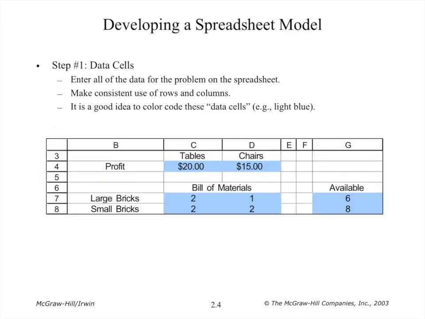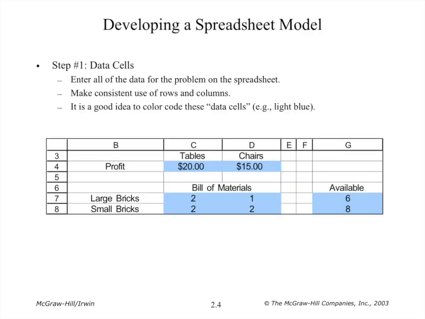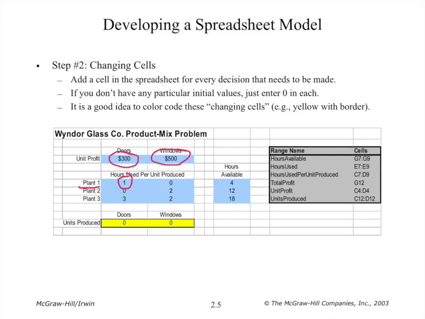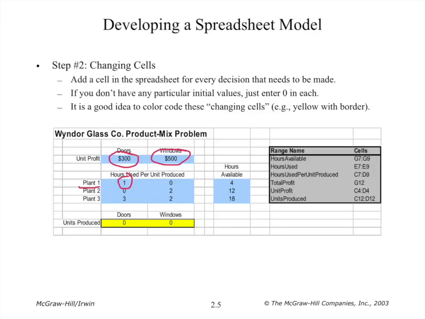Plant 1 produces the aluminum frame, and the door is a glass door with aluminum framing. So we need 1 hour in plant 1 and 3 hours in plant 3 for assembly.